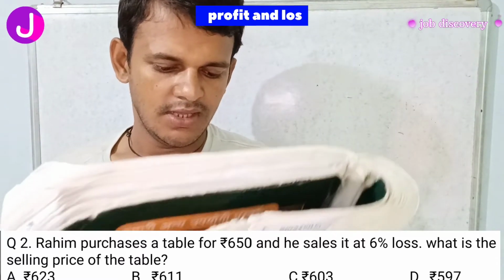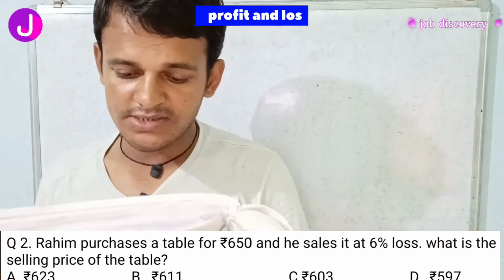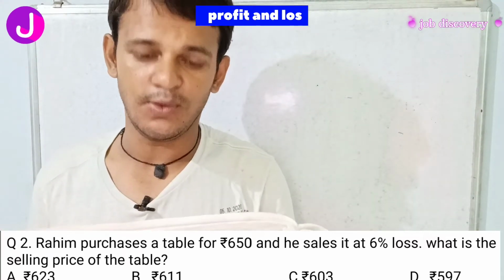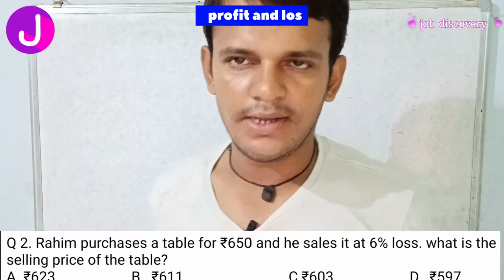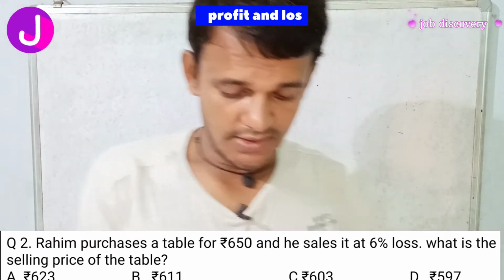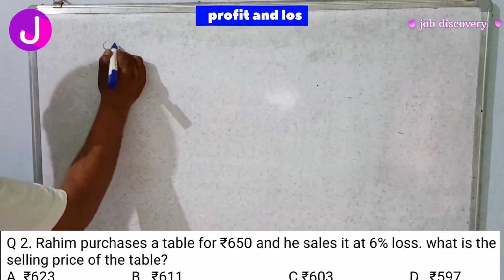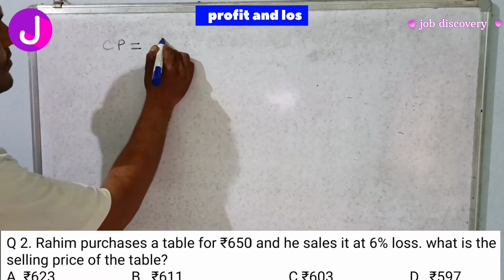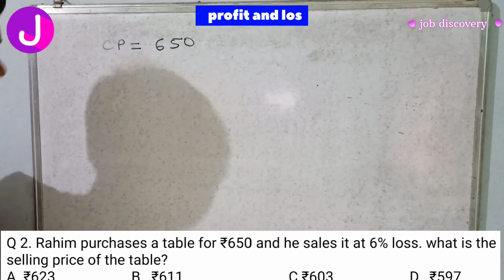Question number 2. Rahim purchased a table for rupees 650 and he sells it at 6% loss. What is the selling price of the table? Cost price is equal to 650.